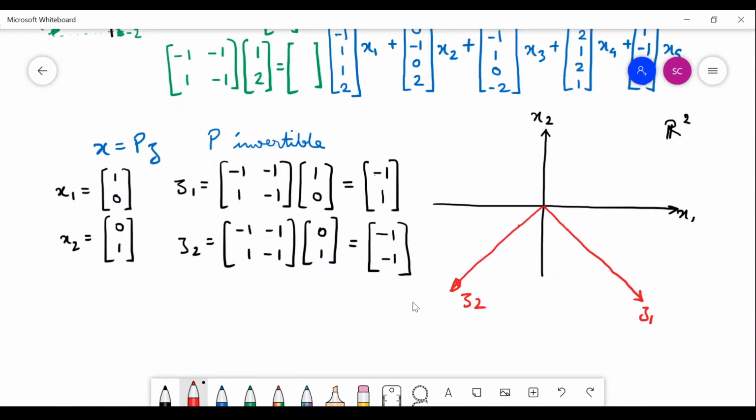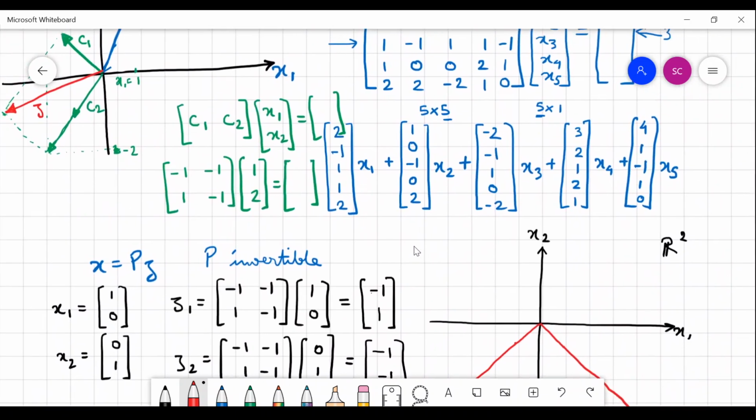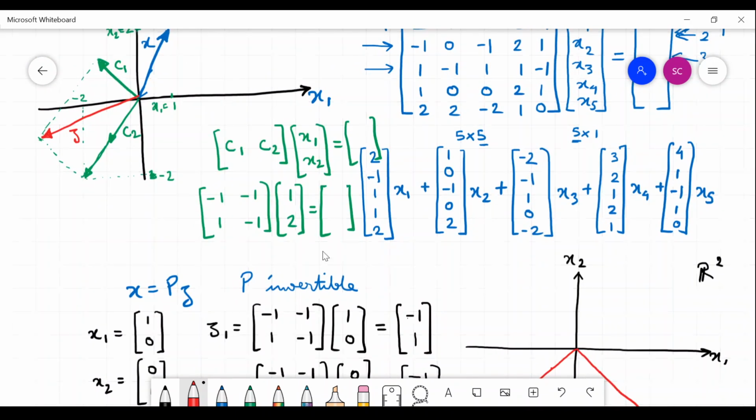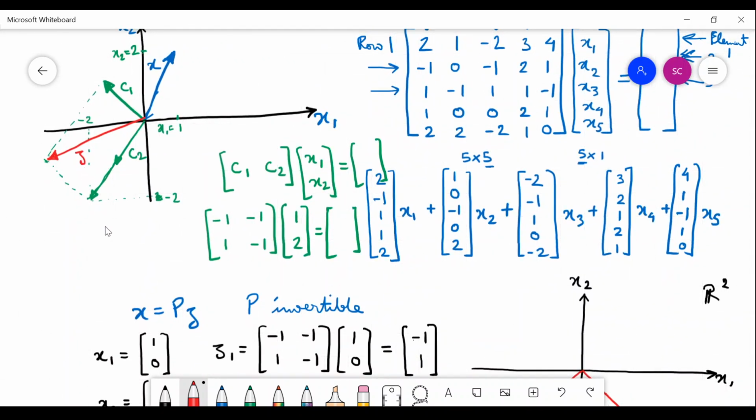I ask you to do this exercise. You know z1, z2, you also know z. I guess you have already calculated z. No, we have only seen the geometric picture. We have not calculated it. We can readily calculate it, no problem. So z will be minus 1 minus 2, which is minus 3, and 1 minus 2, which is minus 1.